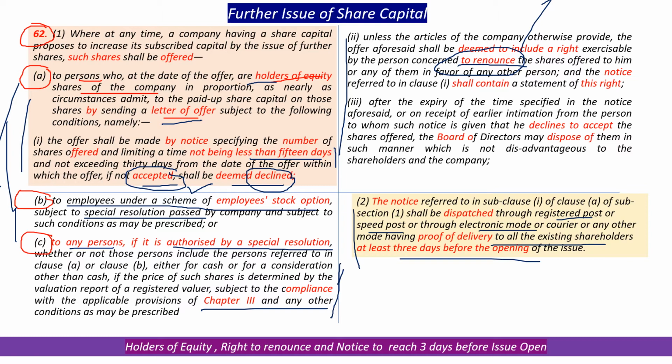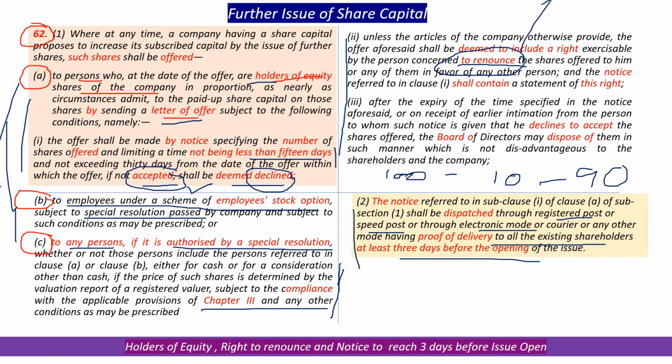The party who is an outsider, he can take the renouncement application and he can apply to the company making payment as per the terms. And this renouncement can be either full or partial. For example, if the party receives an offer for 100, he can accept full 100, or he can renounce full 100, or he can accept 10 and he can renounce 90. And that renouncement application has to be filed within the specific date of offer.